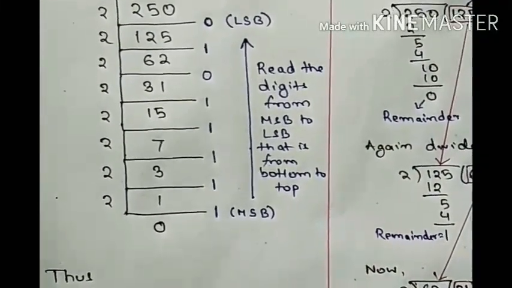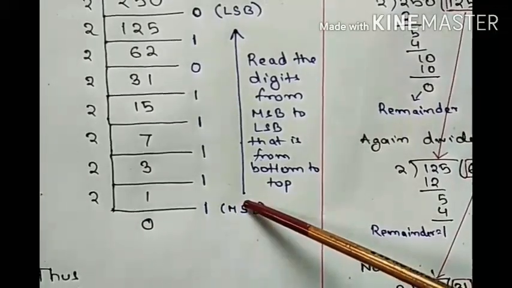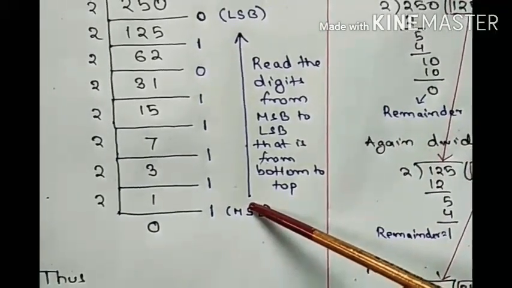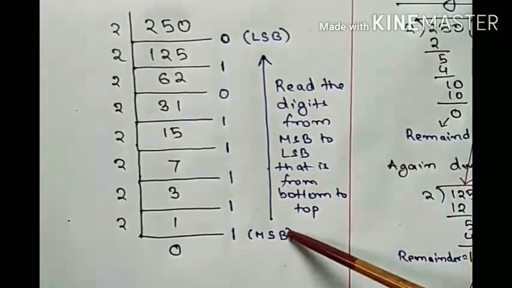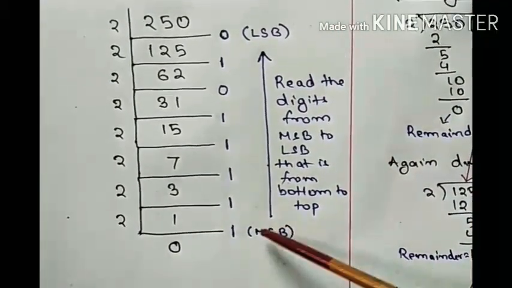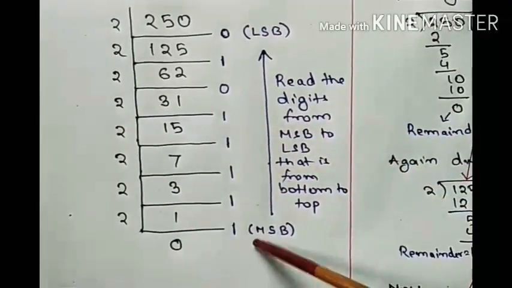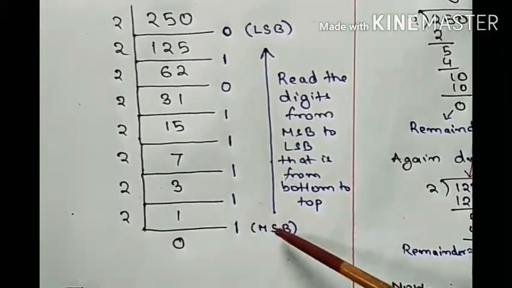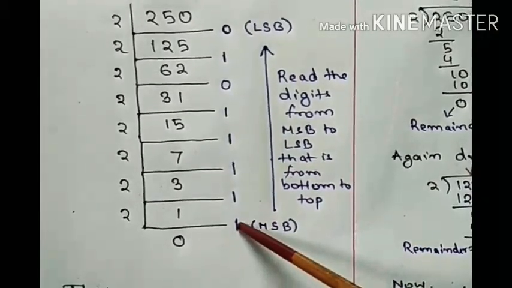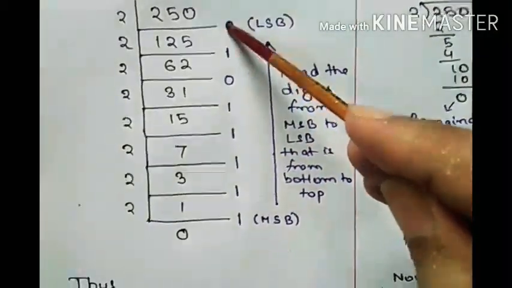And from MSB we will read the digits from MSB to LSB, that is from bottom to top. We'll read the digits and write them in that sequence, starting from here to here.